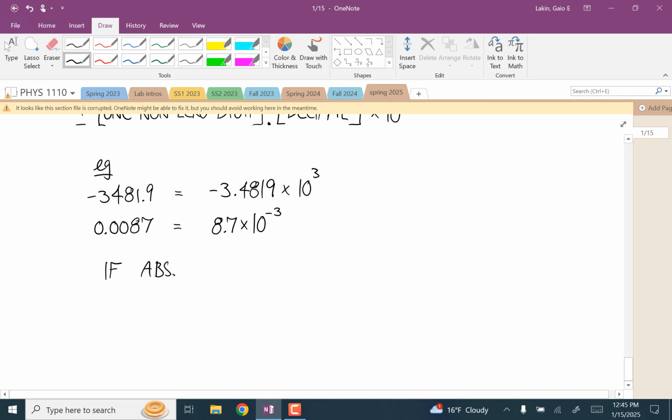So notice that if the absolute value of the number is greater than 10, then the exponent is positive.